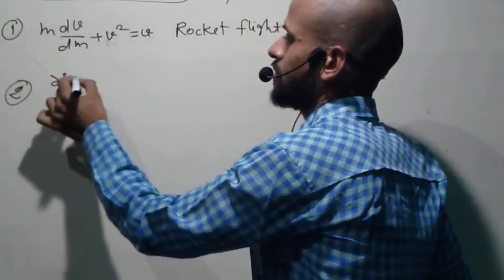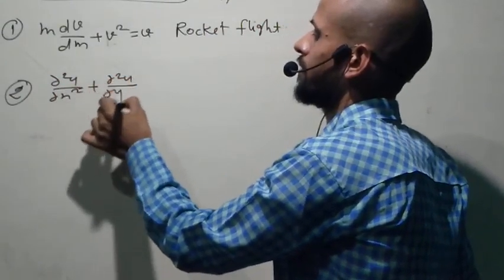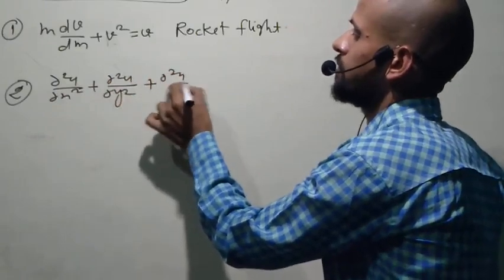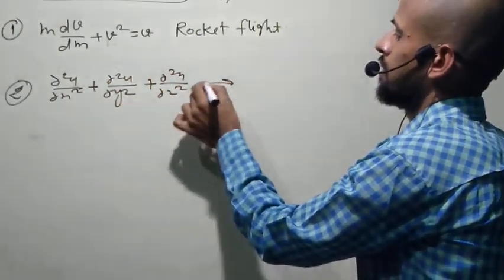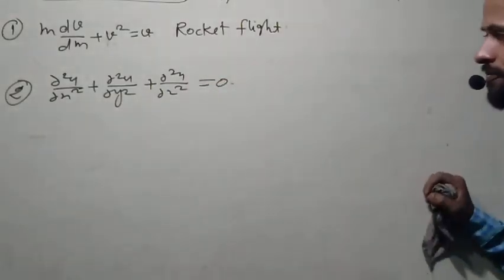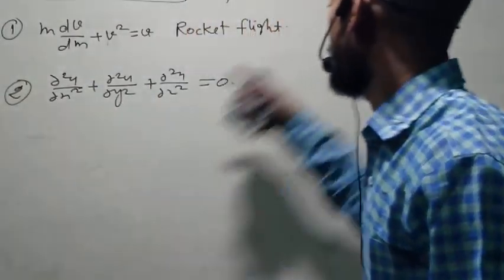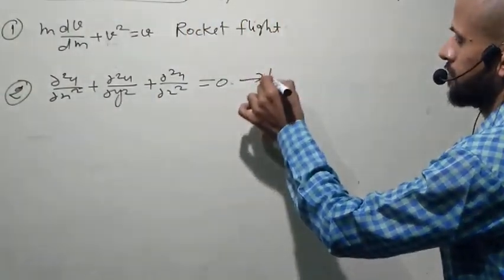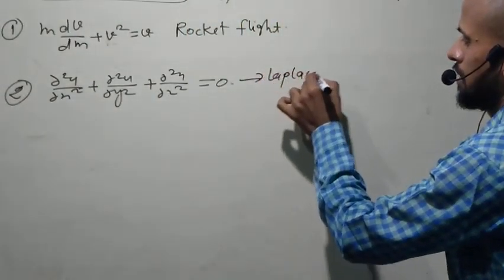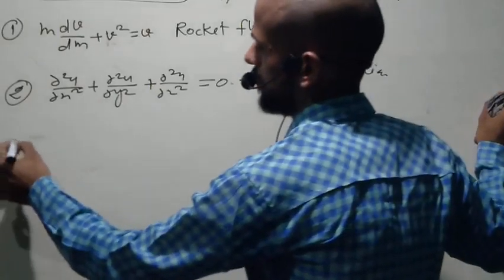Second one is del 2u by del x square plus del 2u by del y square plus del 2u by del z square is equal to 0. This is the Laplace equation, which is used in electromagnetics also. Okay.